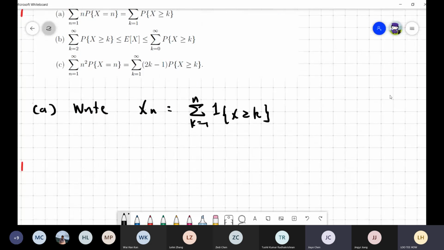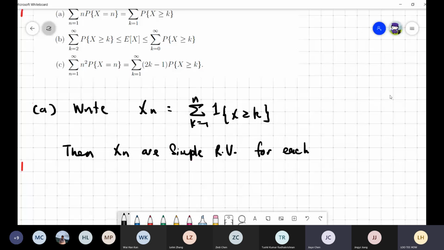Then we have that xn are simple random variables for all n.